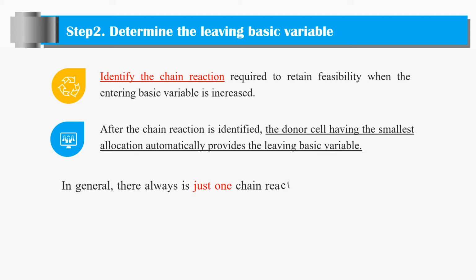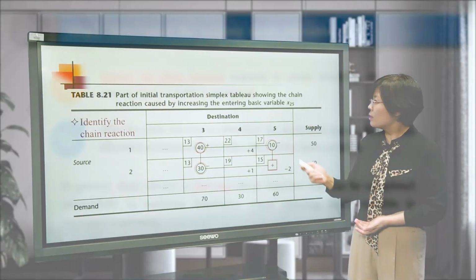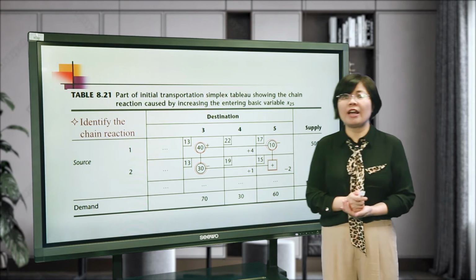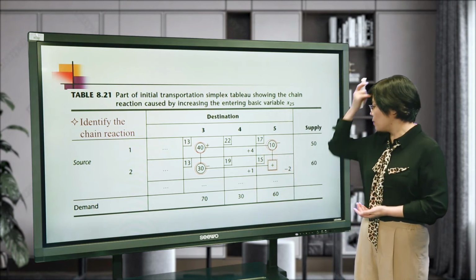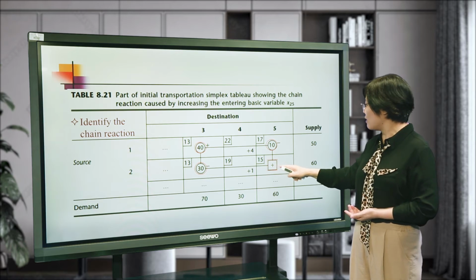In general, there is always just one chain reaction that can be completed successfully to maintain feasibility when the entering basic variable is increased from 0. So now we identify the chain reaction with this table. This is the entering variable x25.